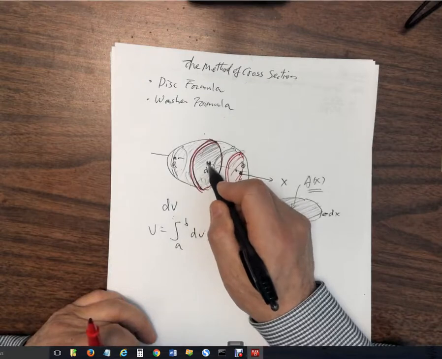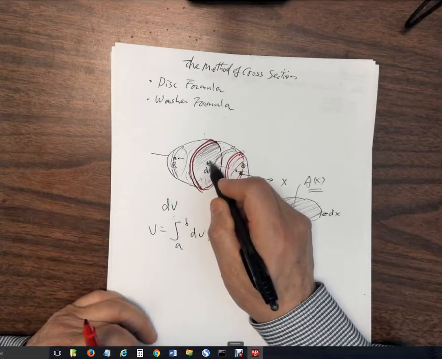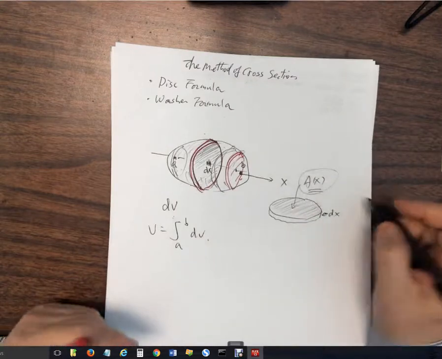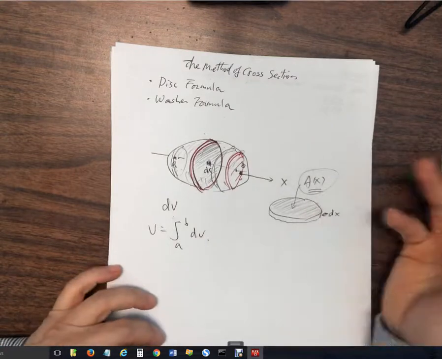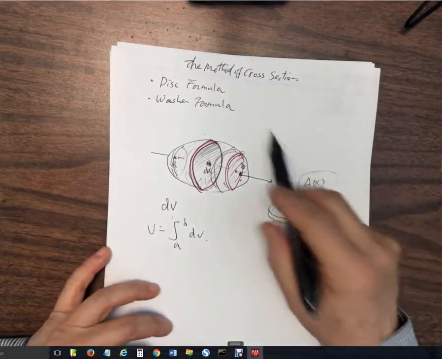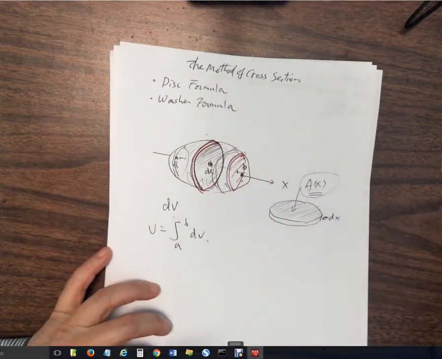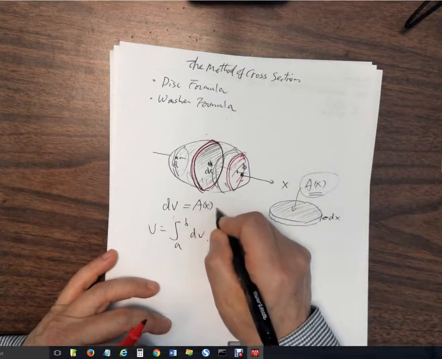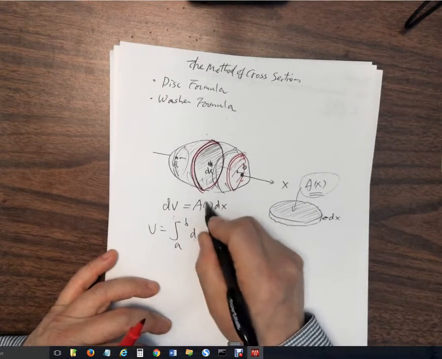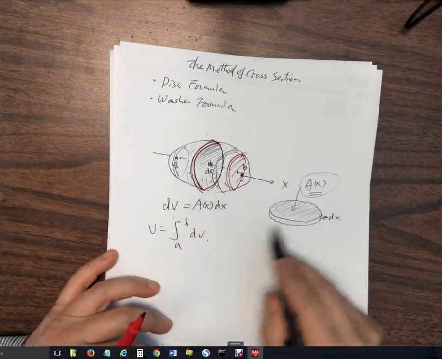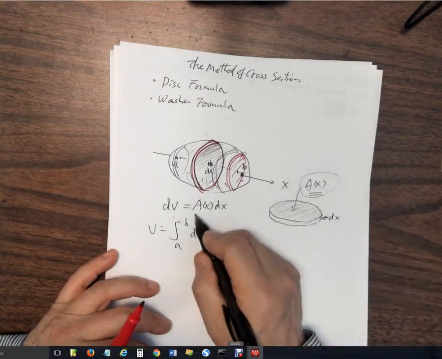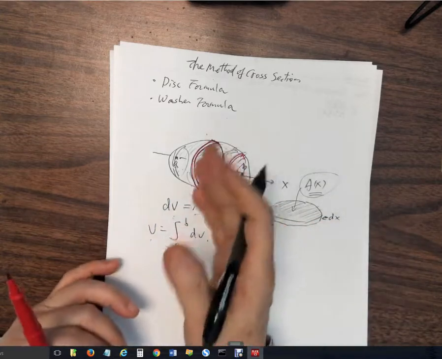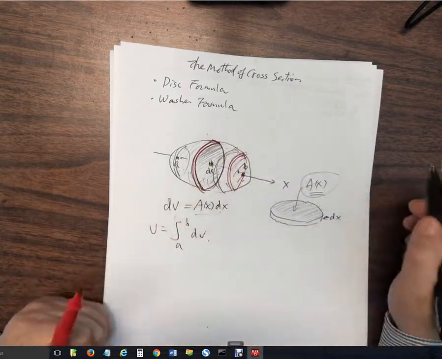Now dx is so small that it doesn't matter which point we pick as the x to figure out the cross-sectional area. But anyway, this is how we come up with the name, the method of cross-section. If we find A of x, then multiply by dx, this is like the area of the base times the height, the volume of this cylinder, which is the thin slice taken out from this solid.